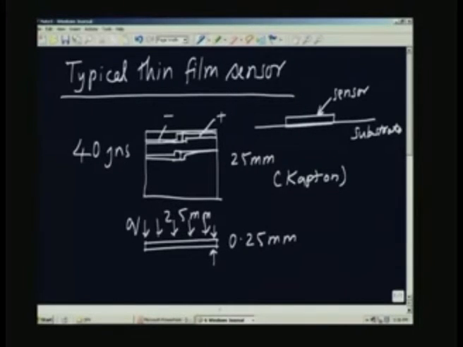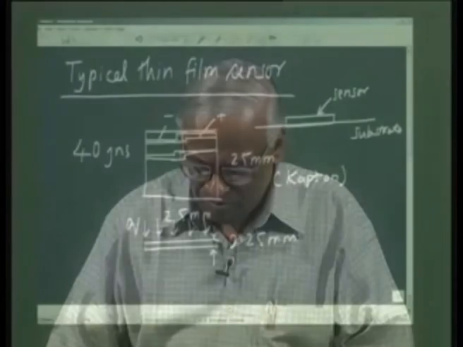Actually, it is as thin as a sheet of paper, and it comes with an adhesive layer. So, all you do is remove the backing and then stick it on the surface on which the heat flux is going to be subjected, and you will be able to use it. The two leads will have to be connected to a simple voltmeter, in this case of course with microvolt or millivolt capability, so that you can measure the temperature directly. So, very simple arrangement. It does not require any power, because the thermocouple will provide an output by itself by thermoelectric effect.